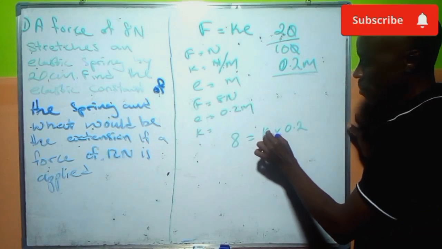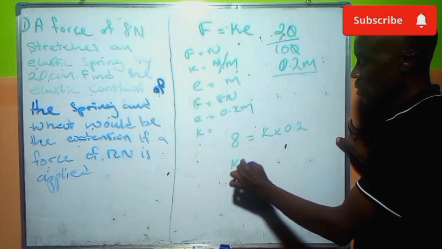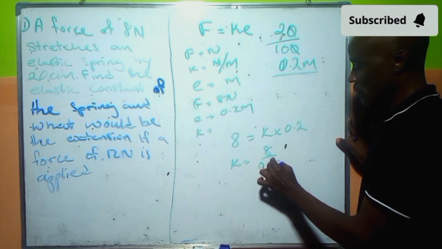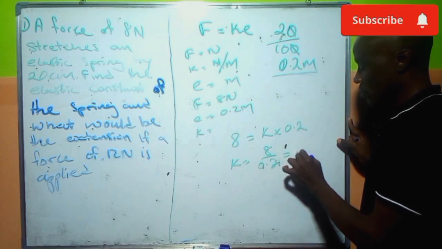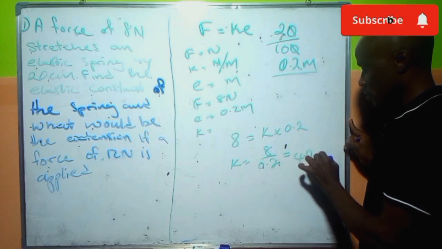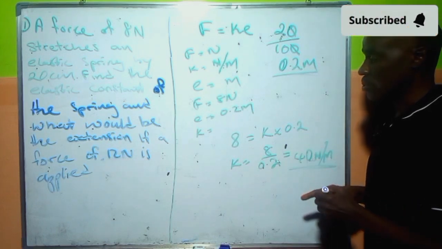If we make K the subject of the formula, K will be 8 over 0.2, which gives us 40 Newton per meter.